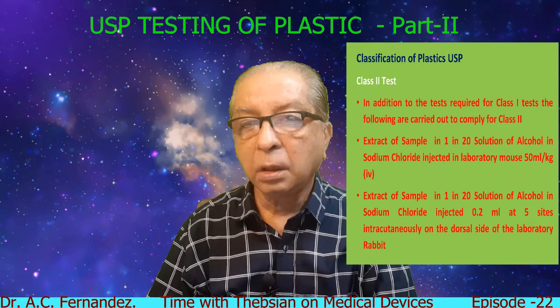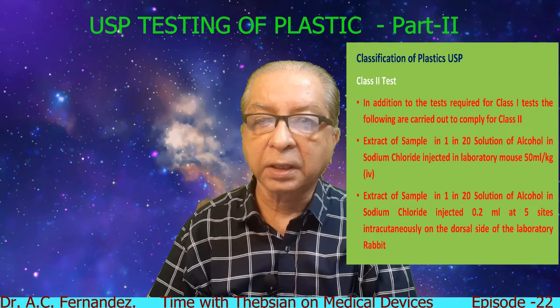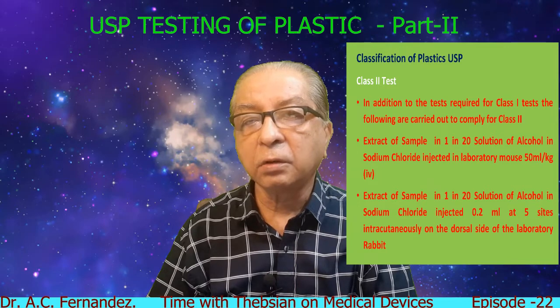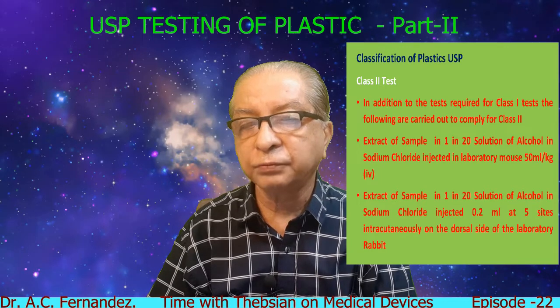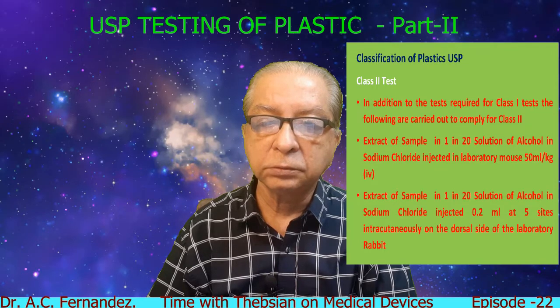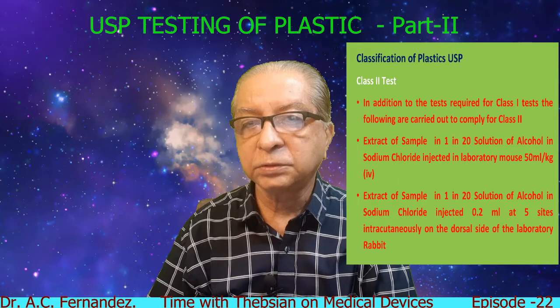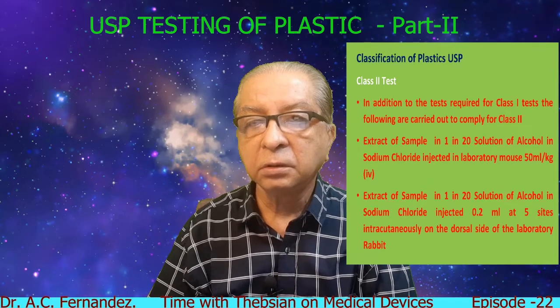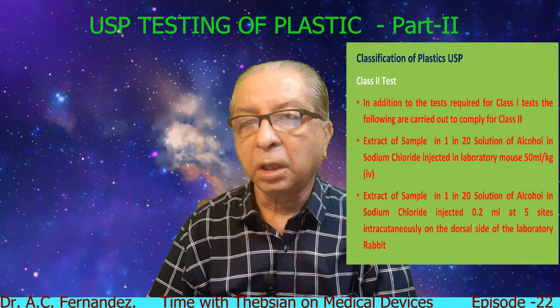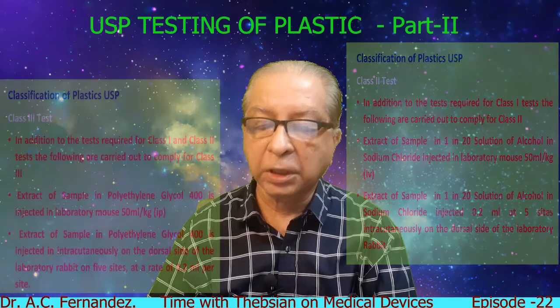Class 2, other than the class 1 extraction tests, the tests are carried out with 1 in 20 solution of ethyl alcohol and sodium chloride injection, and they are injected as for the saline extract, intravenously in mice and intracutaneously on a rabbit.